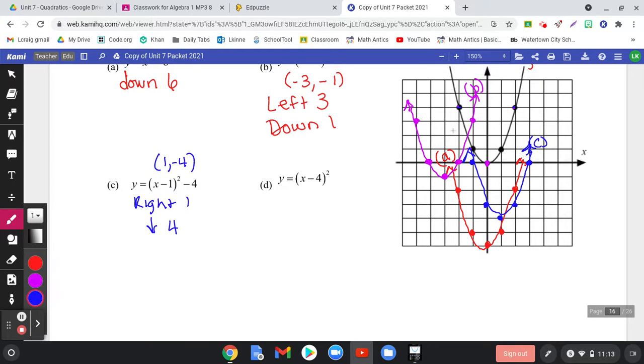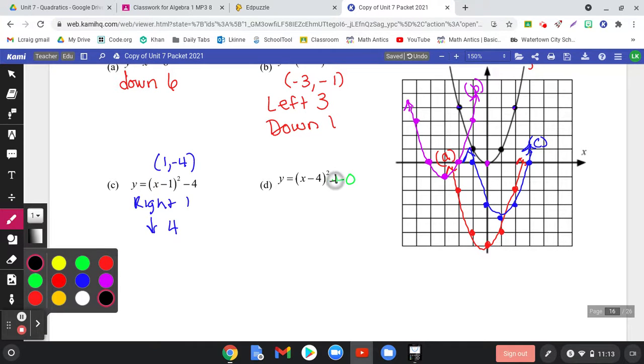It's just being shifted. All right, this one, there's nothing written outside of the parentheses, so that means it's a plus 0. I'm going to choose a different color. Plus 0. So your vertex would be the point positive 4, 0. It's just going right 4. That's all that's happening.